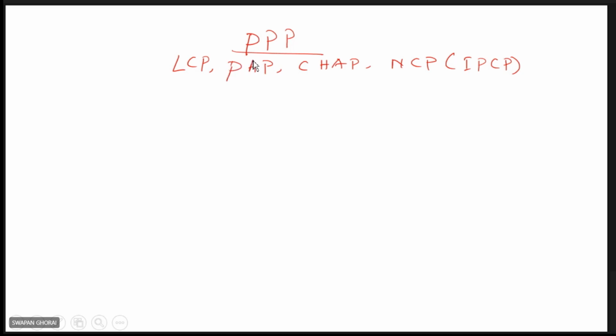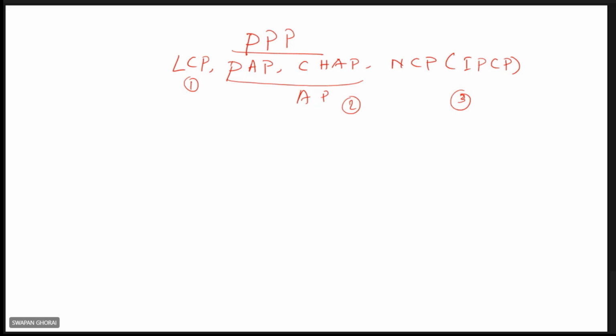It uses LCP, PAP and CHAP: password authentication protocol and challenge handshake authentication protocol. These two are authentication protocols. So basically three types of protocols are being used in PPP.